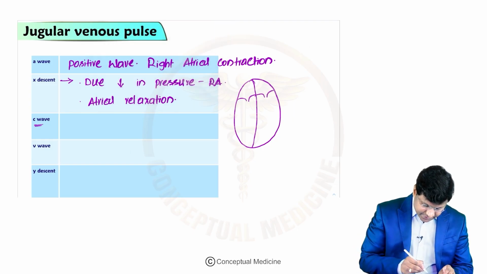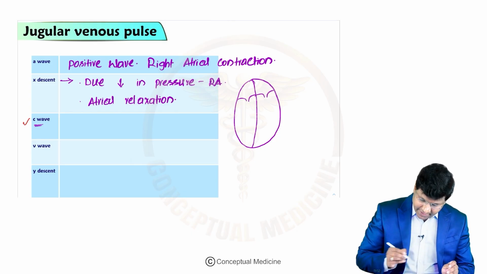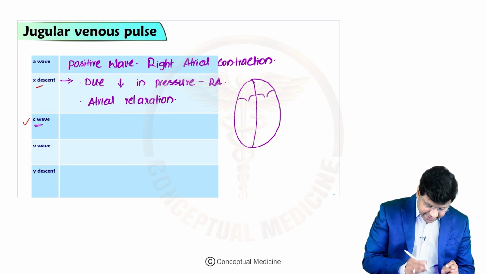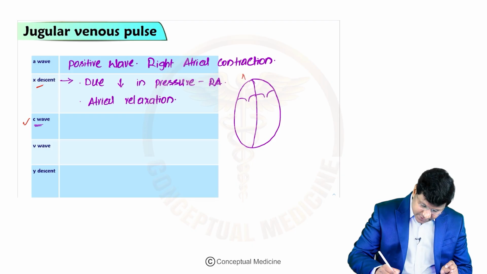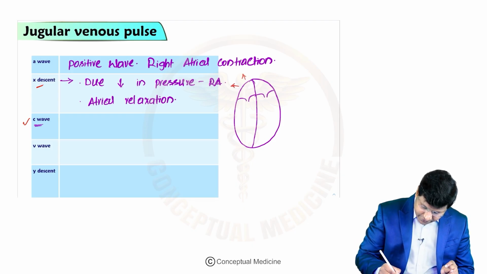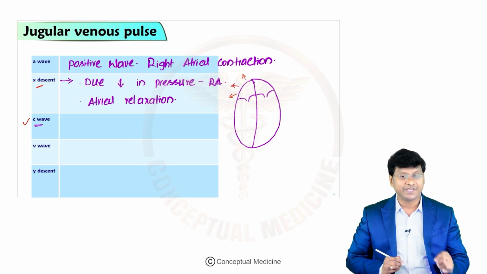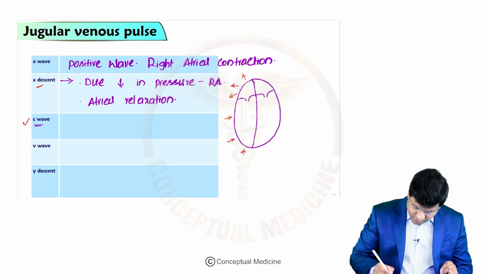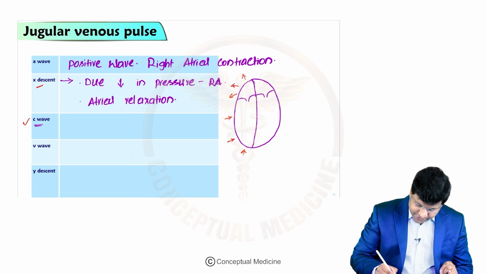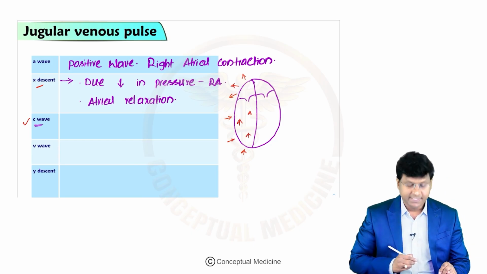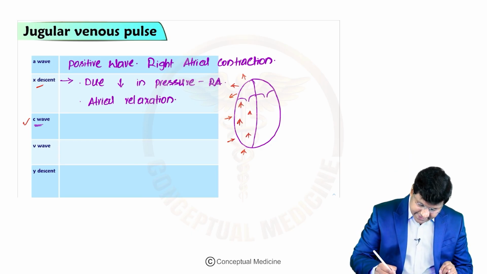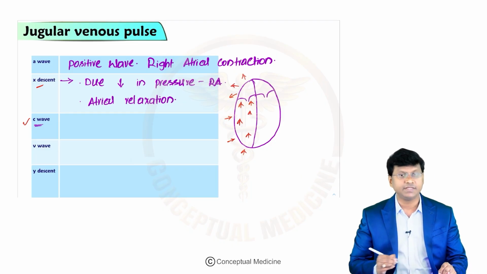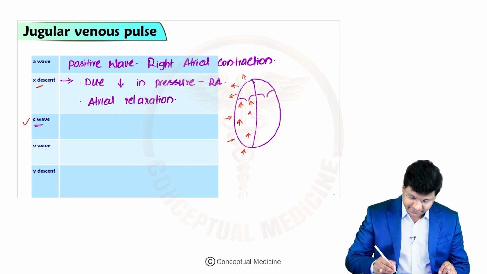We are discussing about the C wave, and we have discussed that X wave is the wave due to atrial relaxation. So when atria is relaxing, the ventricle will be contracting. When ventricle contracts, what will happen to the pressure within the ventricle? The pressure within the ventricle increases, and this increased pressure will exert on the ventricular surface of the tricuspid valve.